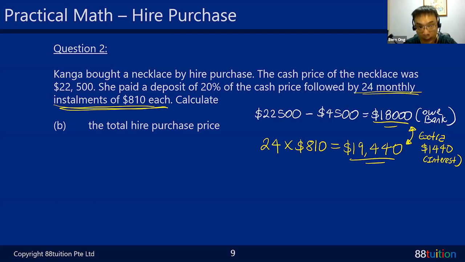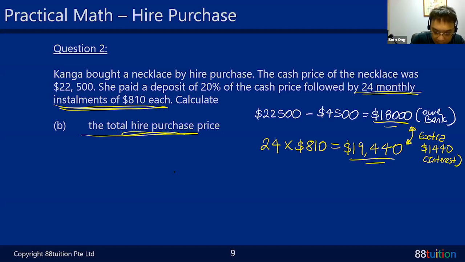Understand or not? So what is the question asking for? What is the total hired purchase? It means the total price that Kangaroo has to pay, everything, which includes the interest, the amount that she owes the bank, and the deposit.